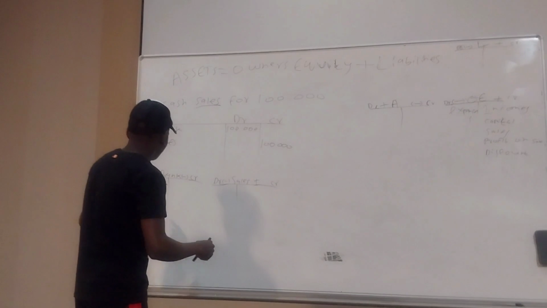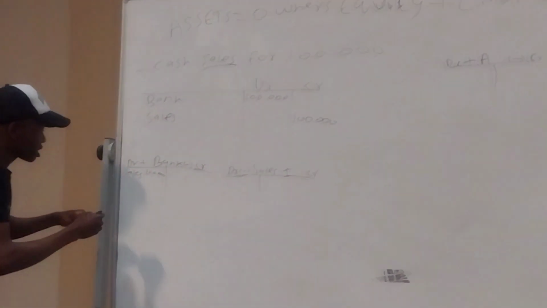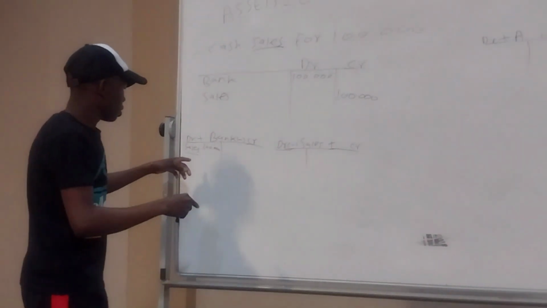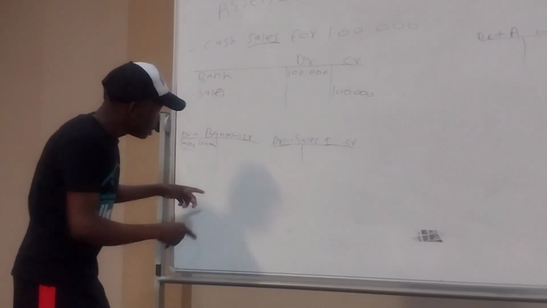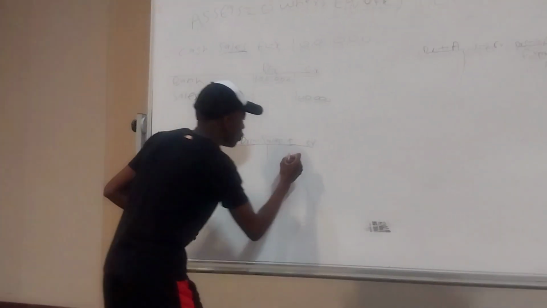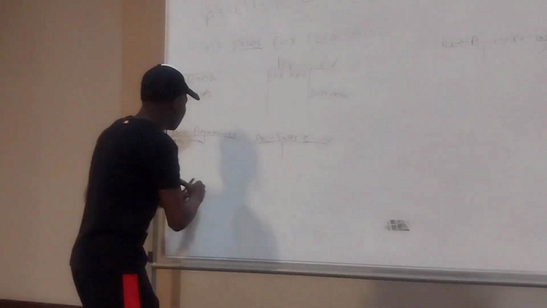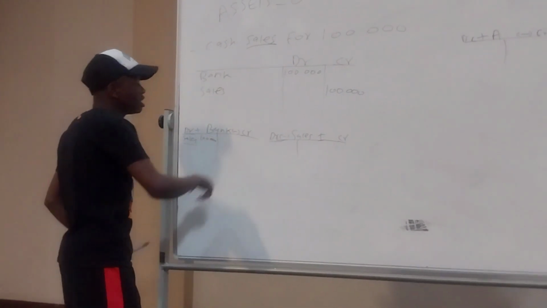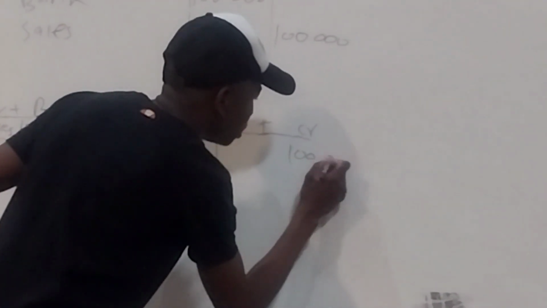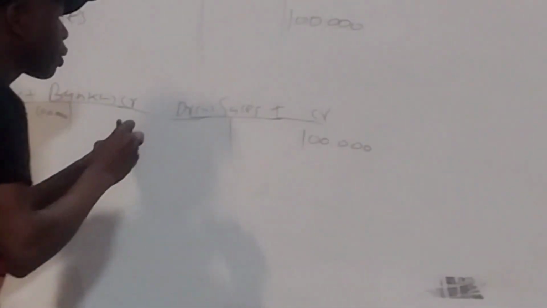So coming here, let's check something. We have sales here with an amount of 100,000. This amount has to have a credit balance somewhere. We come here, we're going to write the amount 100,000. Why are we recording this amount?